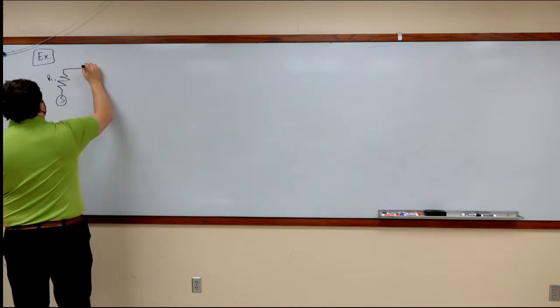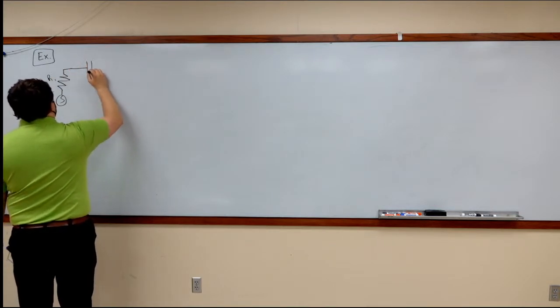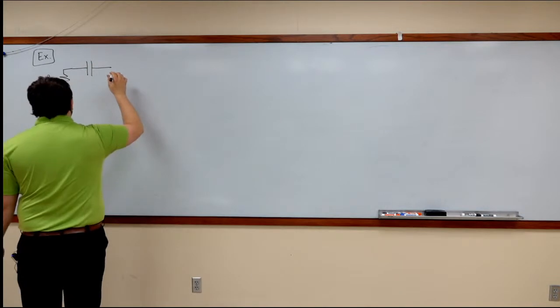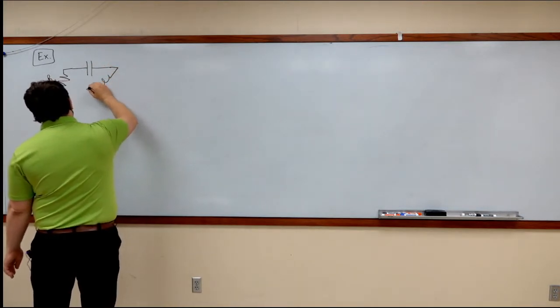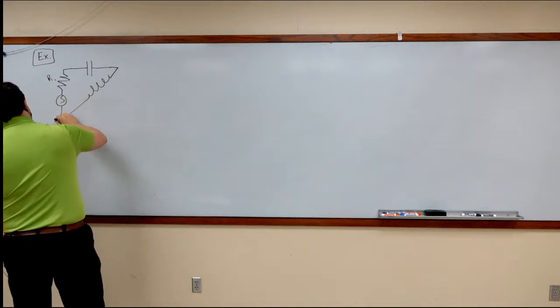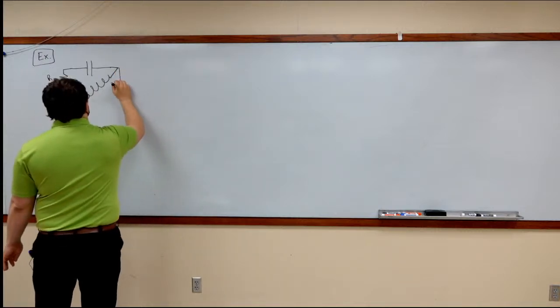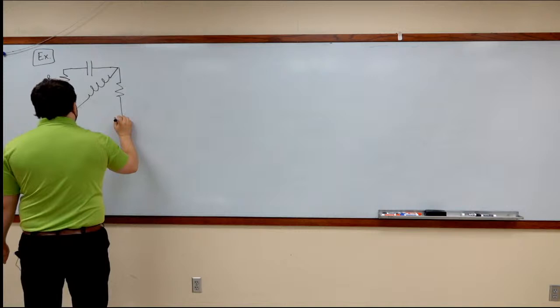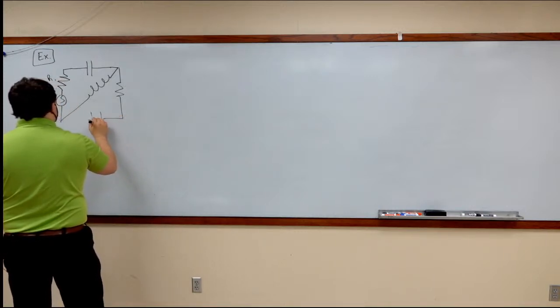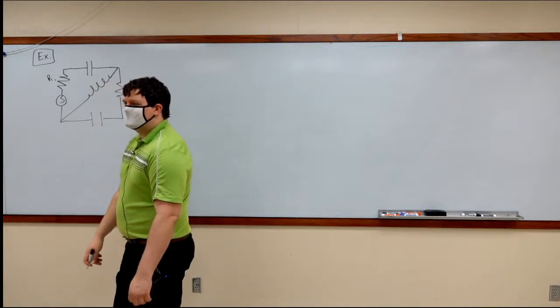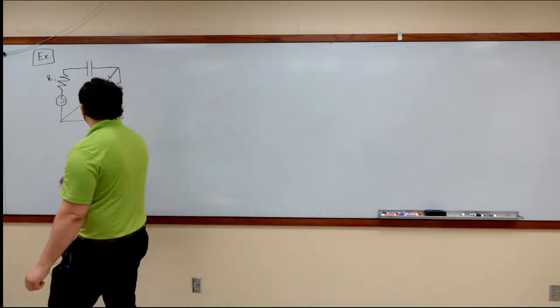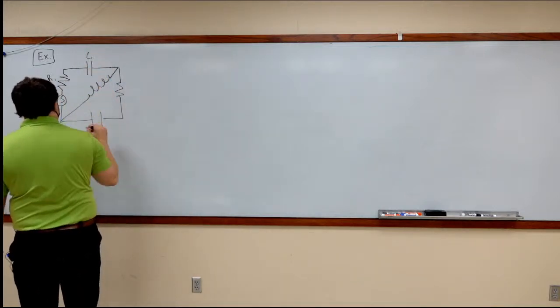We're gonna add a capacitance here. We'll add an inductance like this that goes down here. We're going to add another resistance over here, and another capacitance here. Because this is true enjoyment.